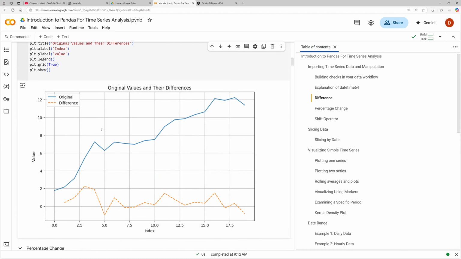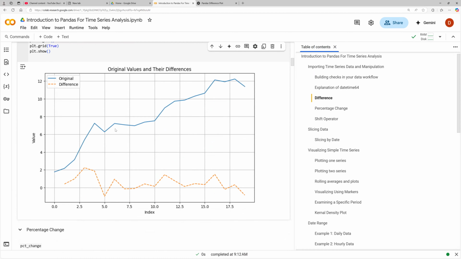You could see that there's this trend. Basically, what the difference does is it detrends it and makes it stationary. Stationary meaning that it's bound. There's a boundary here. Let me illustrate this point. There's a boundary.